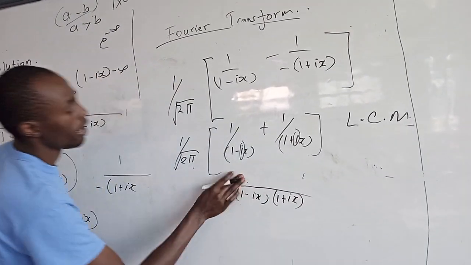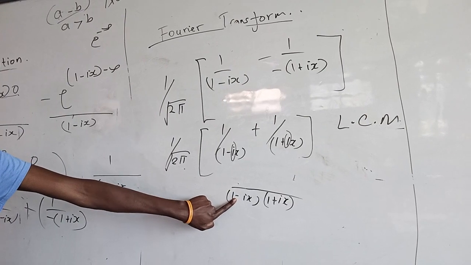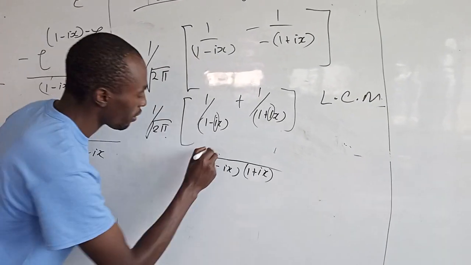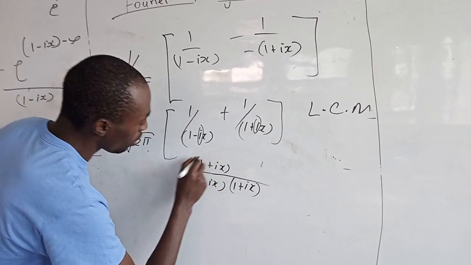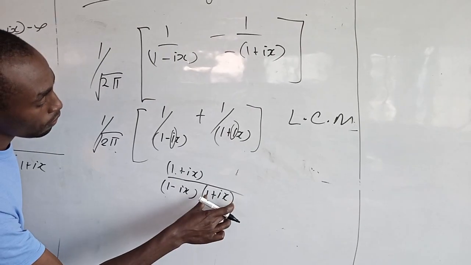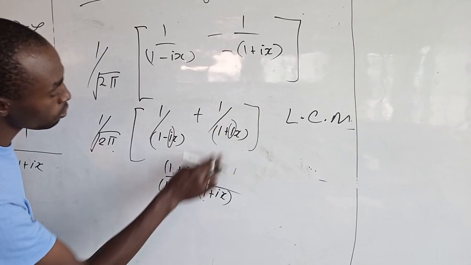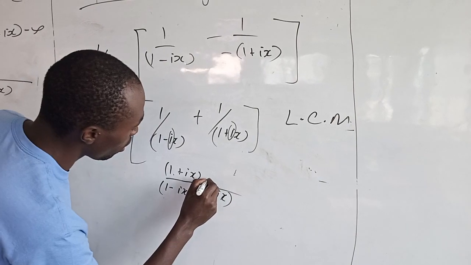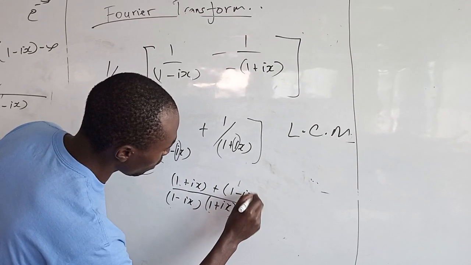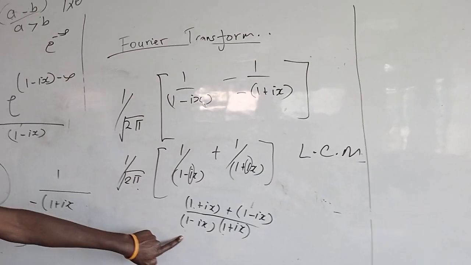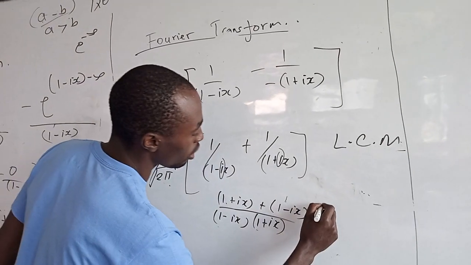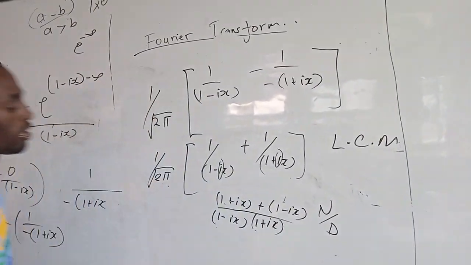That is our LCM. This one divided by this one cancels, and this one multiplies there. When you divide our LCM by this one, the value remaining is plus 1 minus ix. This is the numerator and this is the denominator.